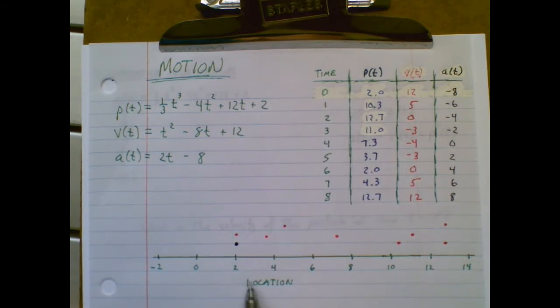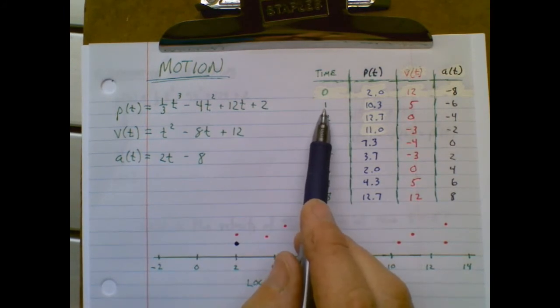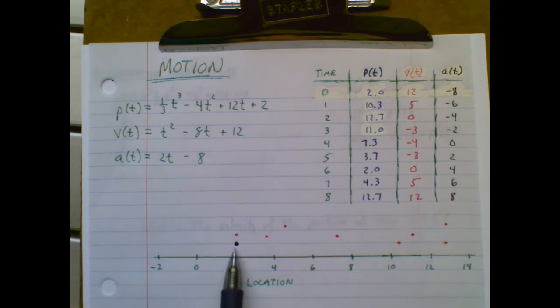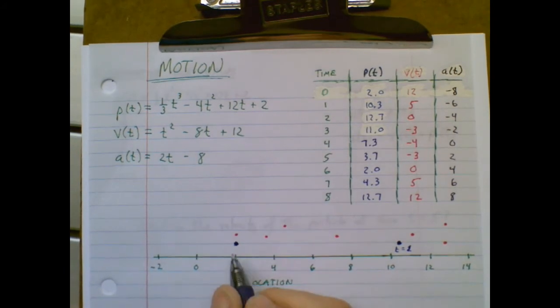That means its location is 2 when it starts. By the time I get 1 second in, it's already at a location of 10.3. So it went from here all the way over to here. This is where it is at time 1. This is where it was at time 0.